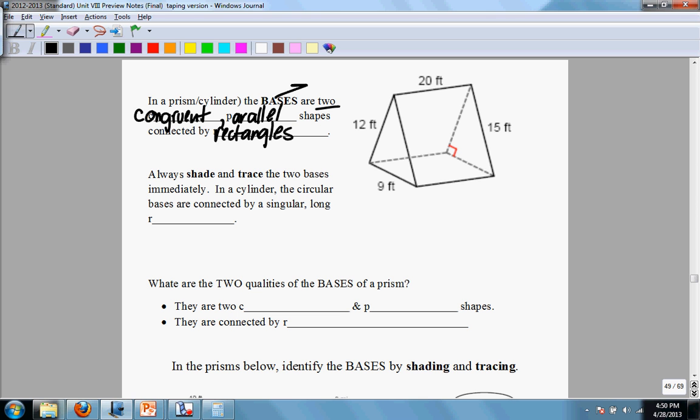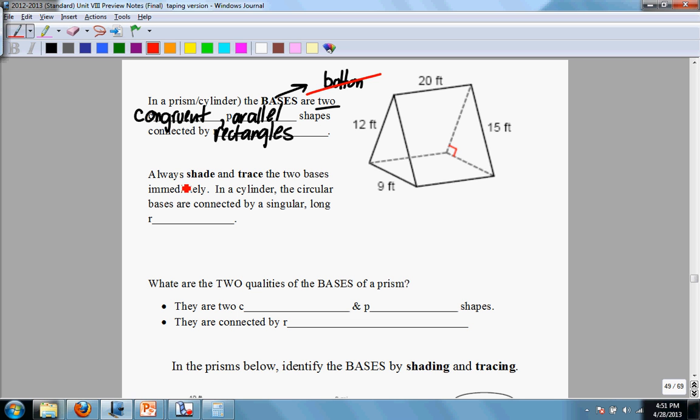The word base does not mean bottom here. Base does not mean bottom. In prisms and cylinders, the bases are two congruent parallel shapes connected by rectangles.